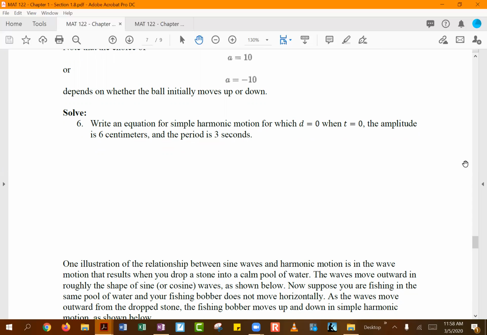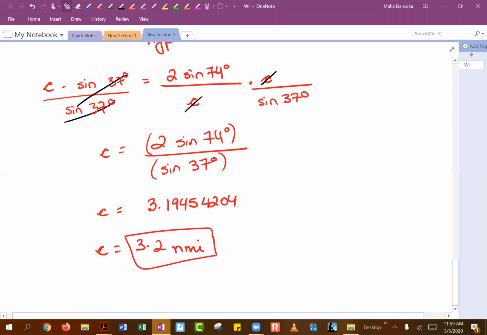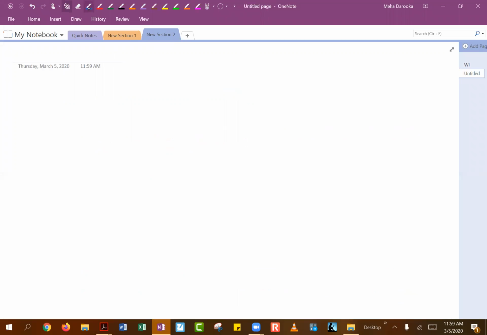Okay, so let's take a look here. Write the equation for simple harmonic motion when d equals 0 when t equals 0, the amplitude is 6 centimeters and the period is 3 seconds. Okay, so this guy is, again, starting out with our general sine format equation here.